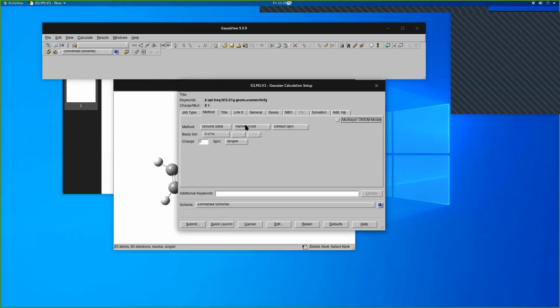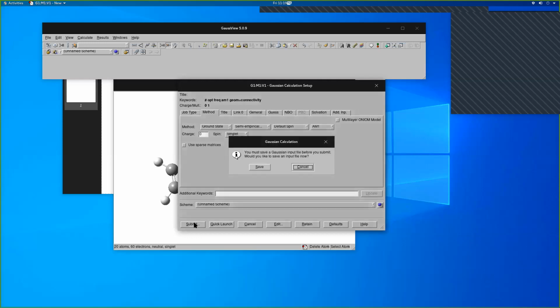We would prefer to use density functional theory, which might be B3LYP, but of course in the lecture I'm going to just use a semi-empirical method like PM6 or AM1. And I'm actually going to use AM1 for this. Very fast quantum mechanics. It's very fast, and it will get us a result quickly.